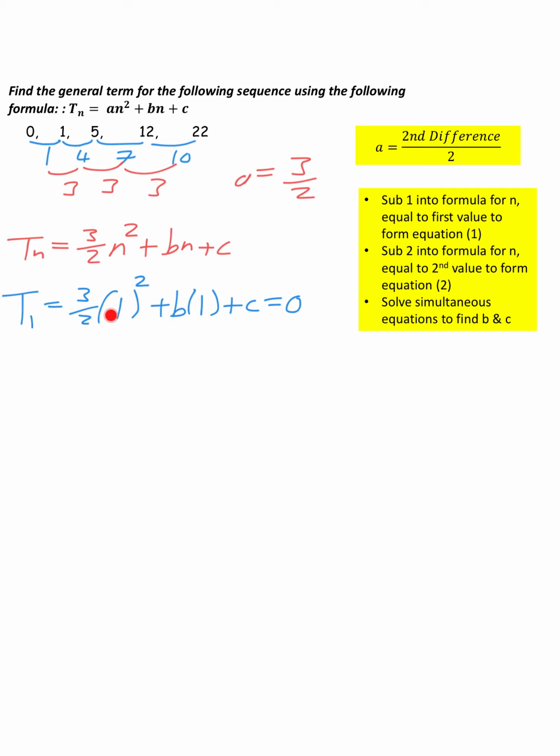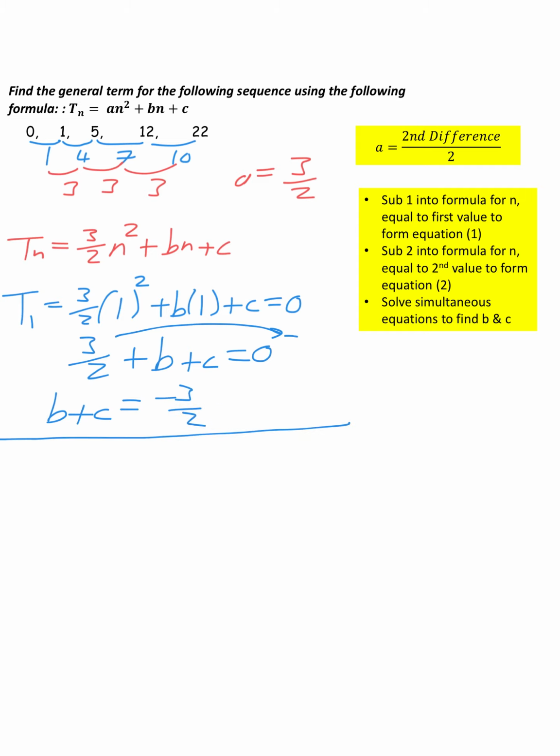Remember from BIDMAS, you have to do indices first before multiplication. So 1 squared is 1, times 3 over 2 is just 3 over 2. Then b times 1 will just be b plus c equals 0. Let's bring 3 over 2 to the other side, it'll become minus. So then we have b plus c equals minus 3 over 2. Okay, that's the first equation.